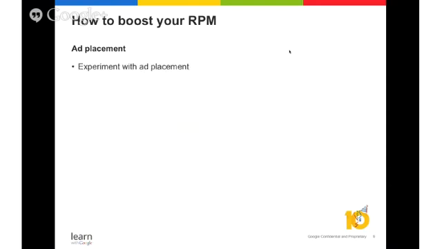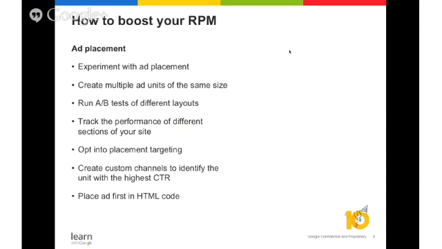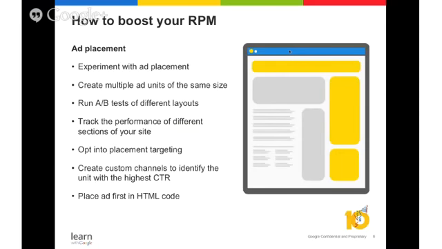The second part of how to boost your RPM is thinking about where on the page you're placing these different ads that we talked about just now. I think one of the main components here is that depending on your vertical, depending on your users, there's no one fix for every site that works best. So my advice to publishers is always to run tests.